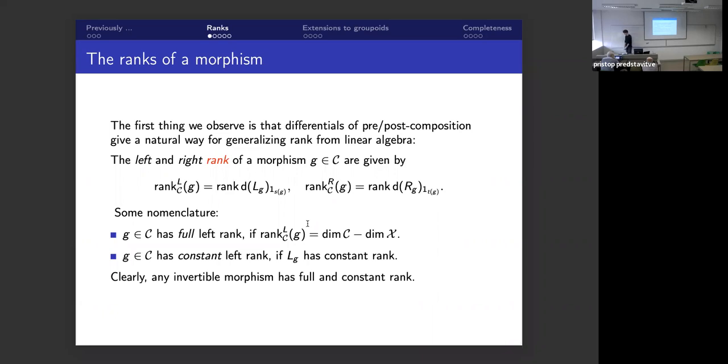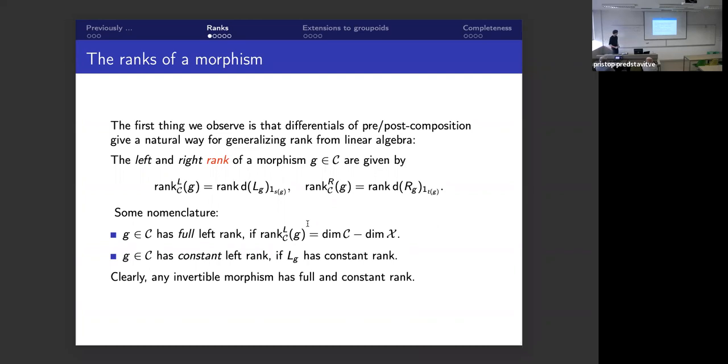And the first example that's trivial in a certain way is the rank of an invertible morphism, right? An invertible morphism has an inverse. So what I want to say is the left multiplication by an invertible morphism has an inverse, and its inverse is precisely the left multiplication by the inverse, right?